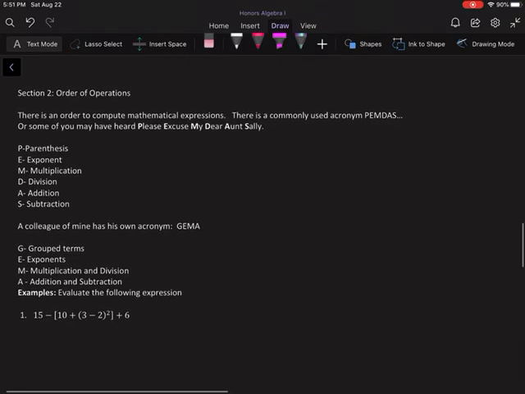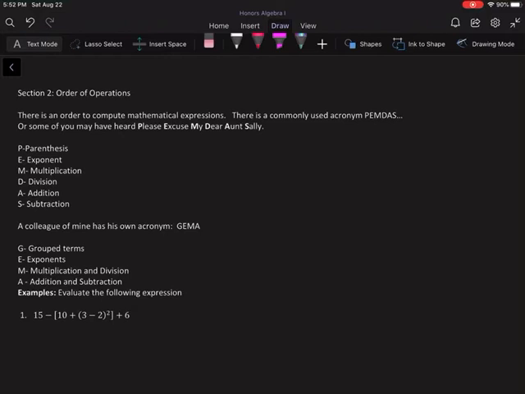So section 2 is order of operations. A lot of you have seen this before. There is an order, but one of our essential questions is, does the order of operations have to be done in one specific way? Not necessarily. Yes, we have to use PEMDAS, please excuse my dear Aunt Sally, but I can do some things on the same line if there's an operation in between.